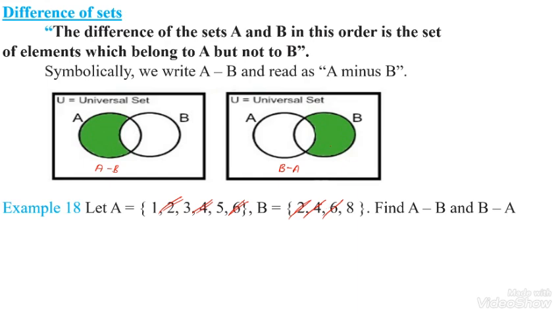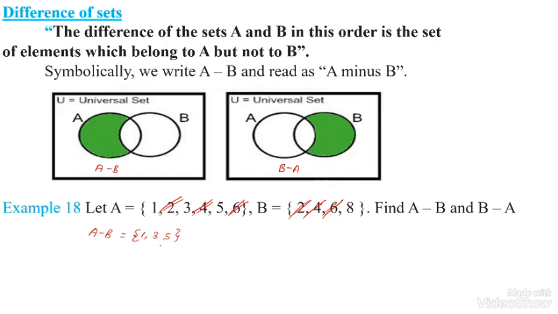After that, A minus B means the elements which are present in A after neglecting the common elements: 1, 3, 5.